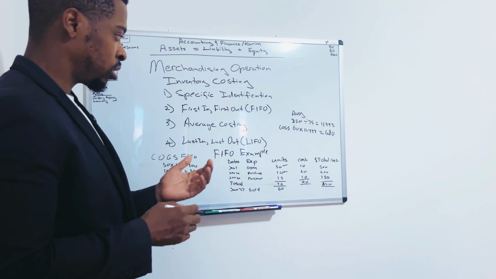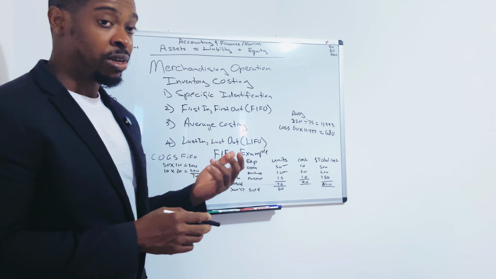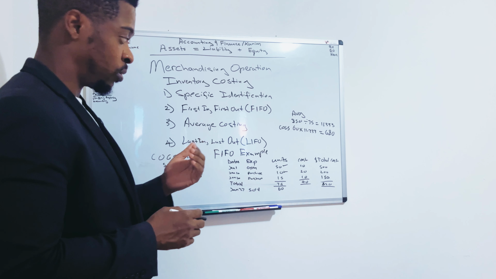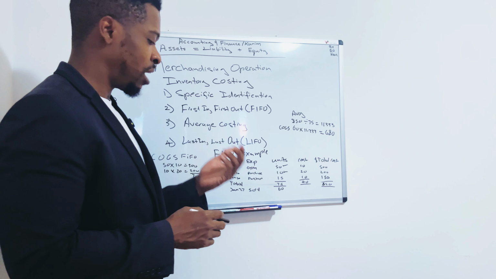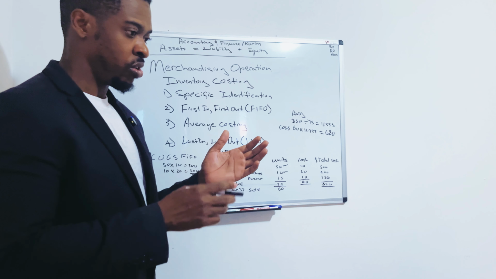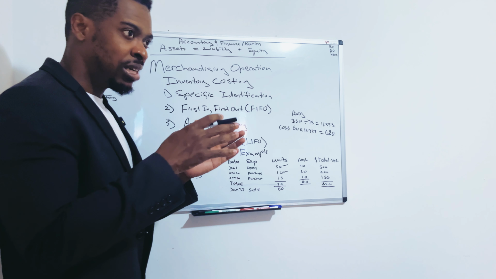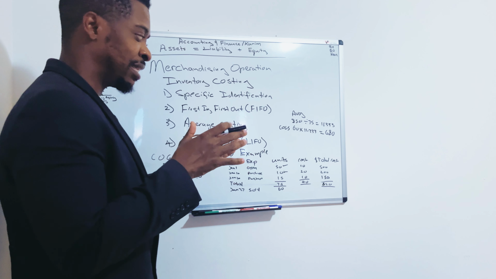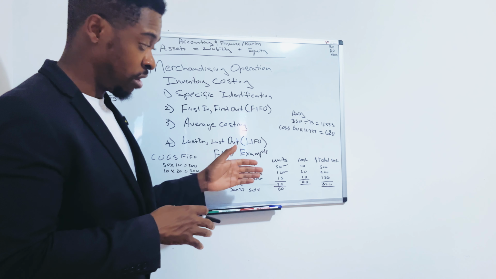So the total amount that we have to allocate to cost of goods sold, $700. The cost of goods sold, right? So first in, first out. We're only making that assumption to allocate the cost from your inventory to cost of goods sold. It doesn't necessarily mean that these are the exact units that you sell, right?